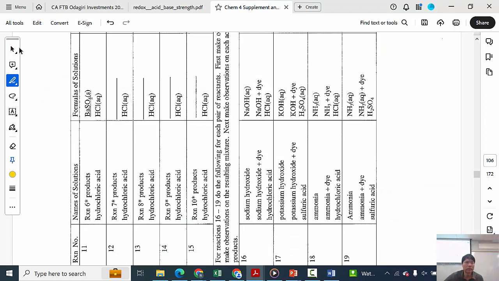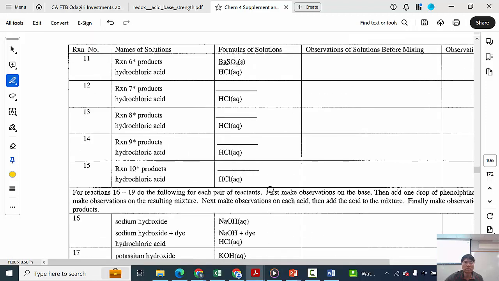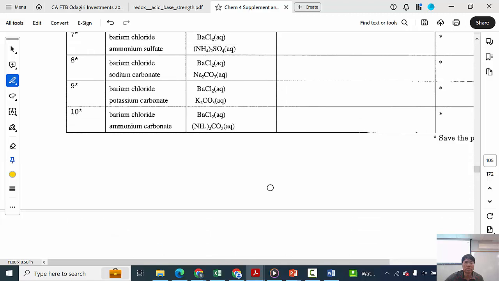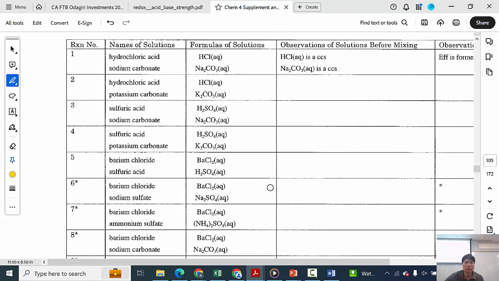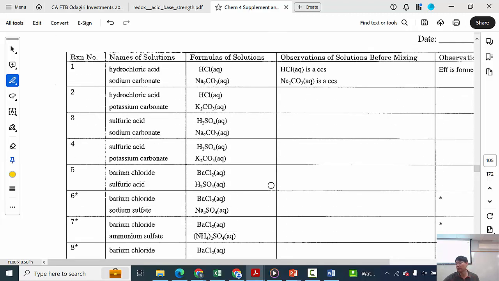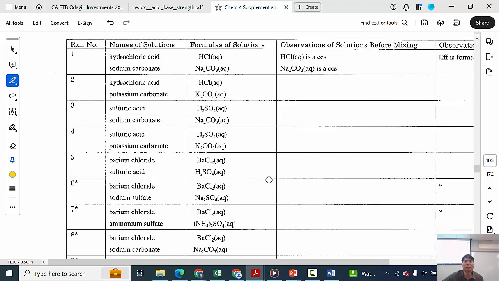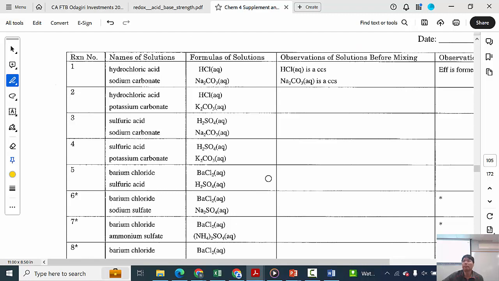Try to rotate this. Some people had finished this, but which ones was it?